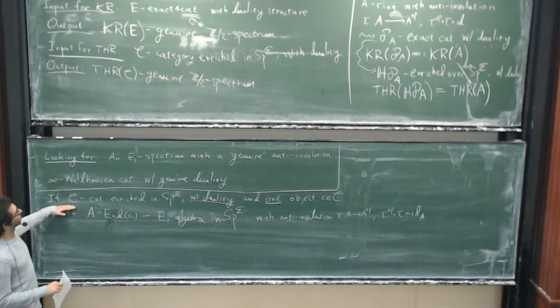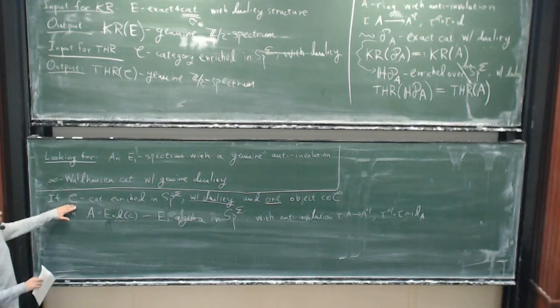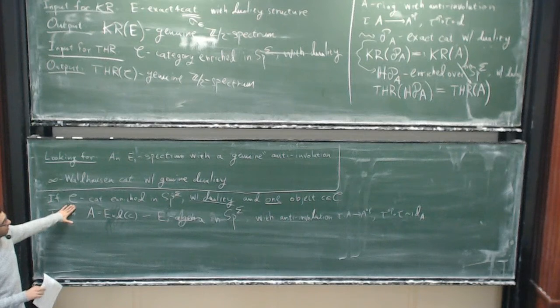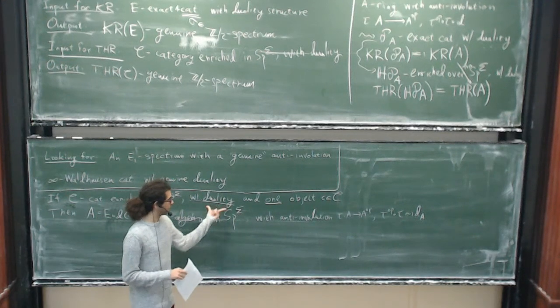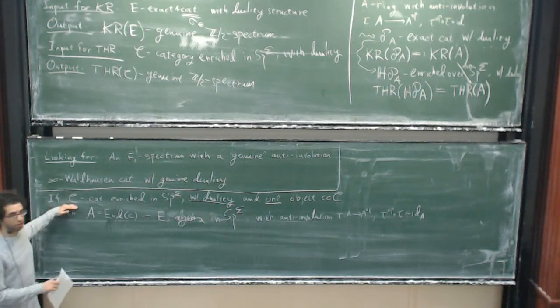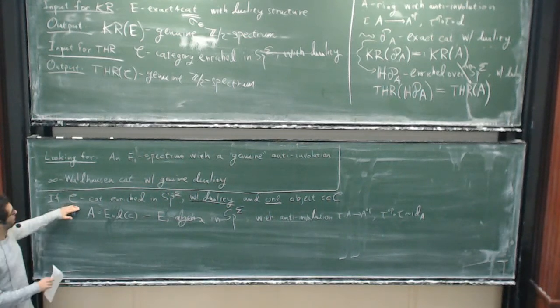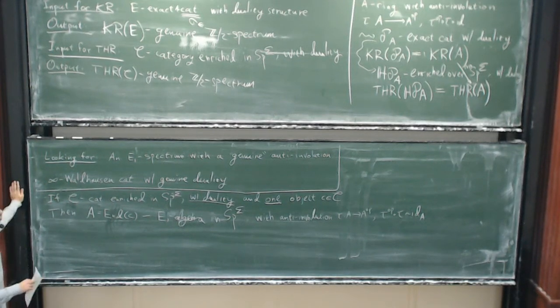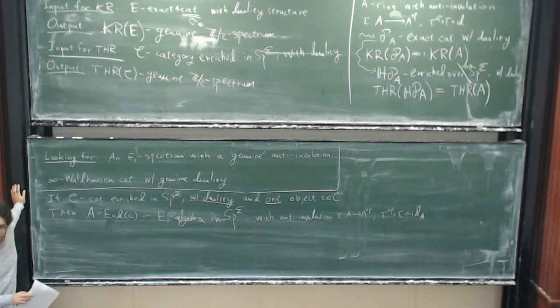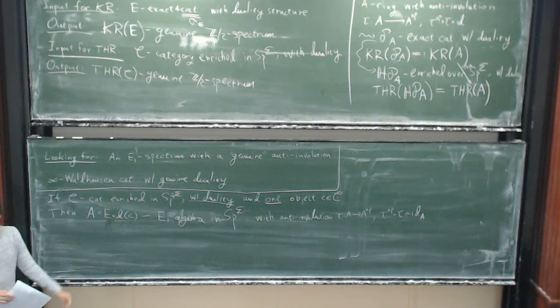Okay, so let's think about what is a category enriched in symmetric spectra with duality, and what this structure is. When you have a duality, you have a functor from C to C op, and when you compose it with its op, this would be naturally isomorphic to the identity on this category.